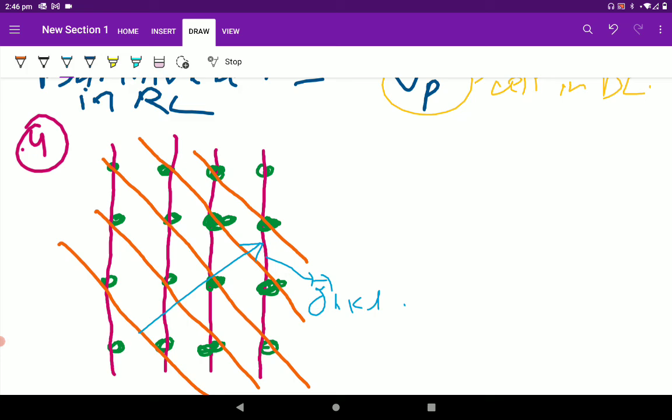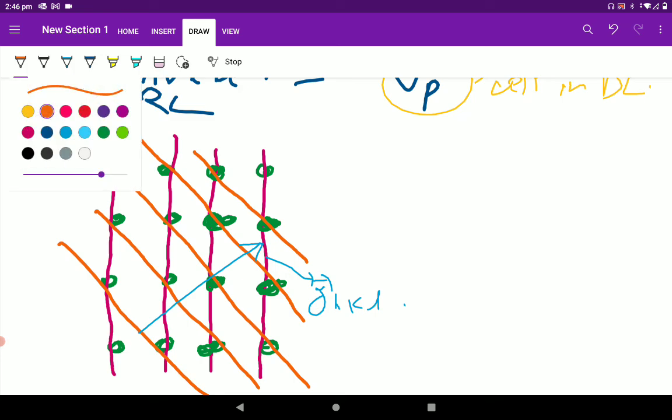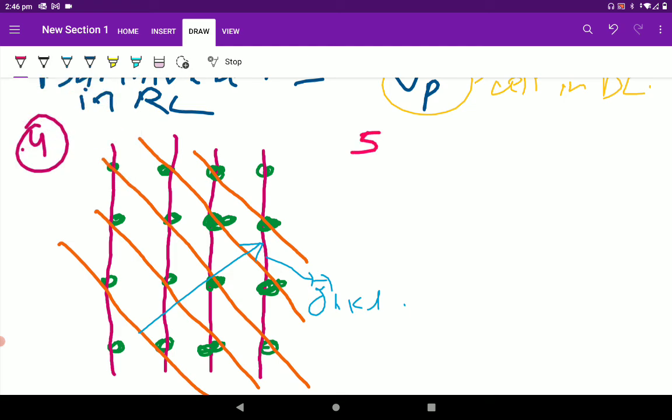Now the last property is that the distance between the planes in the family of planes is given by this equation.